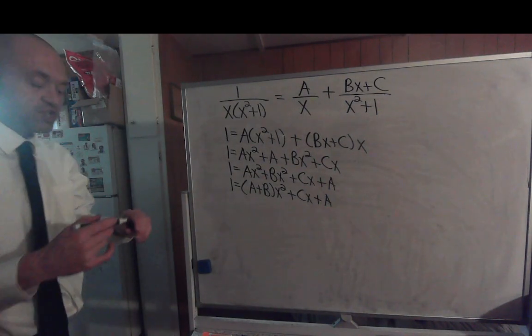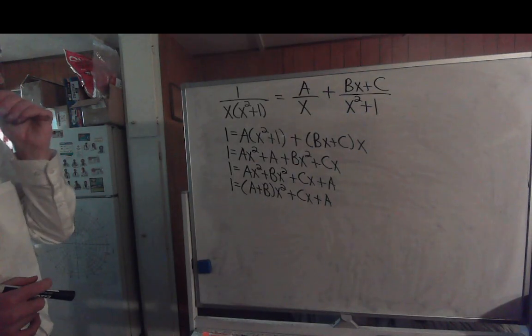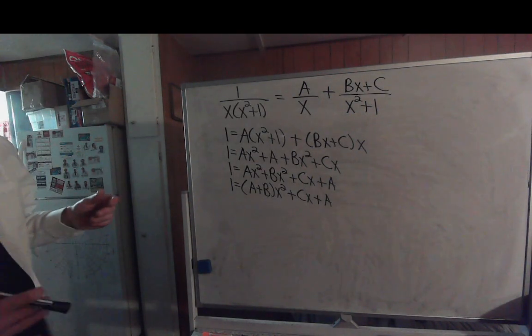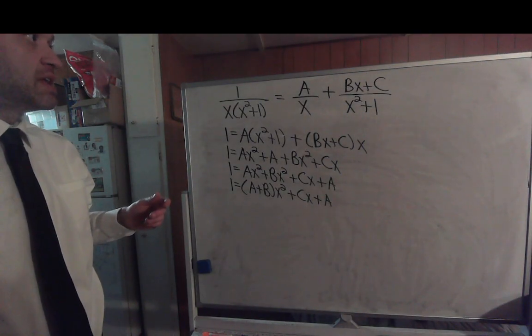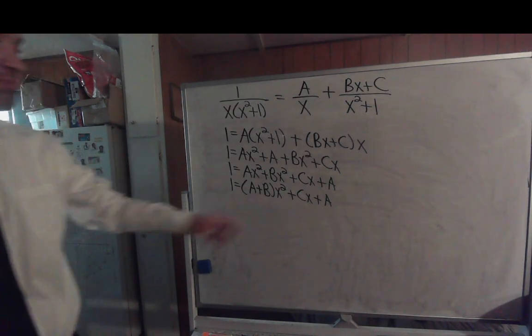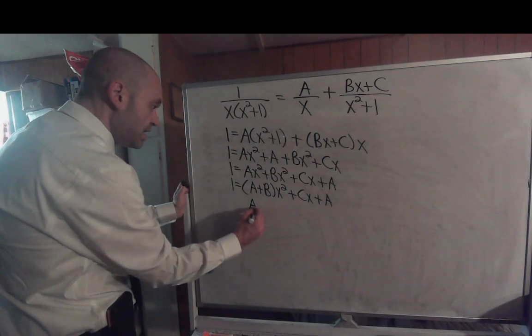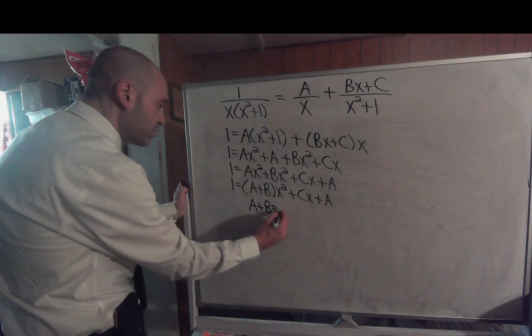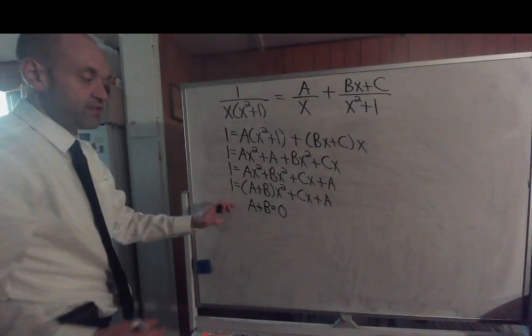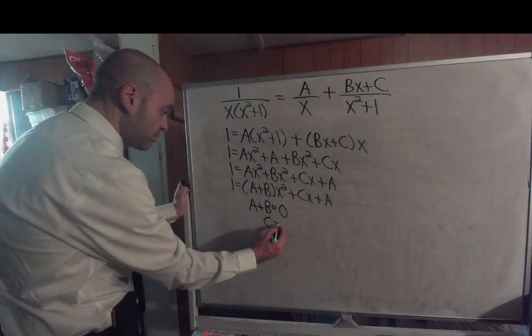Again, the left side should equal the right, so you're going to end up having that a plus b is the coefficient of your x squared term, which would be 0. A plus b is equal to 0. C is the coefficient of your x to the first term, which would be 0.